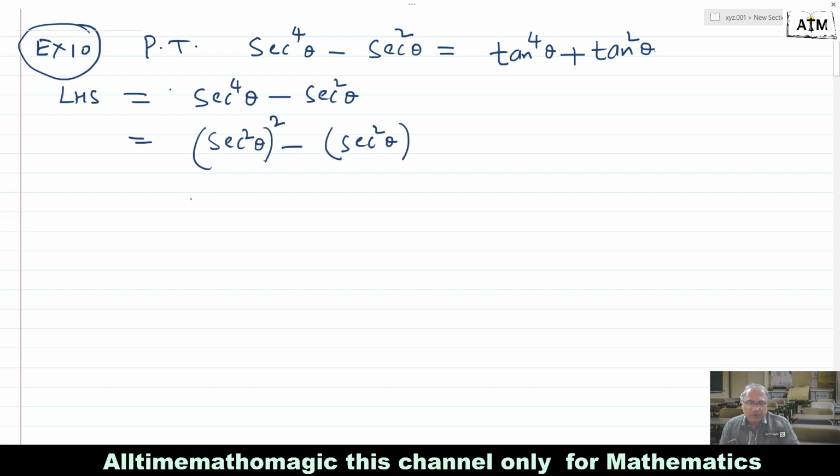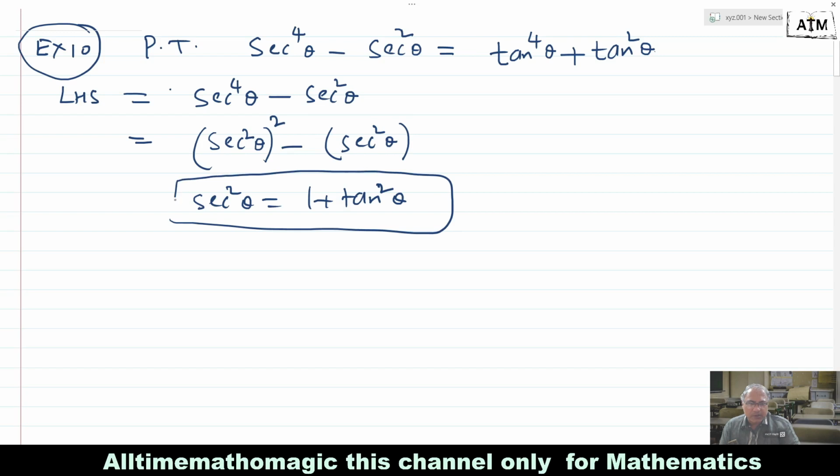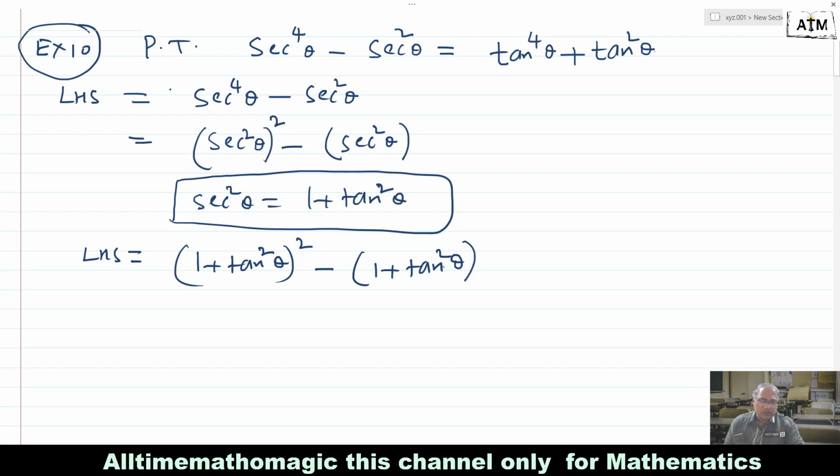And we know that sec square theta equals 1 plus tan square theta. This identity of trigonometry we are using here. Therefore LHS equals 1 plus tan square theta whole square minus 1 plus tan square theta.